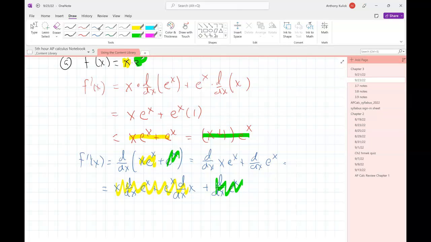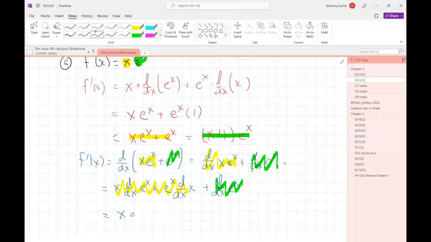It's just normal. So my derivative distributes, right? So I have the derivative of e to the x plus the derivative, right? And the piece in yellow needs a product property. The piece in green, though, doesn't. There's no multiplication, just a regular derivative.